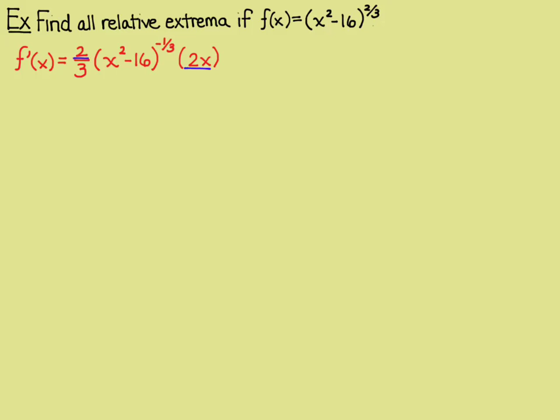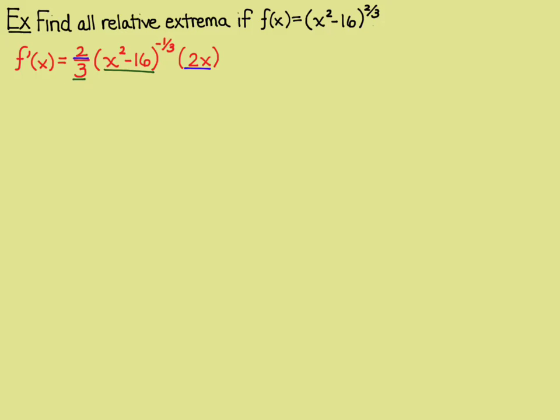Now I need to simplify it. So notice that the 2 in the numerator of the 2/3 and the 2x are both going to remain in the numerator because they are not being raised to any negative exponents. However, the 3 in the bottom and the x squared minus 16 to the negative 1/3 are both going to be in the denominator.